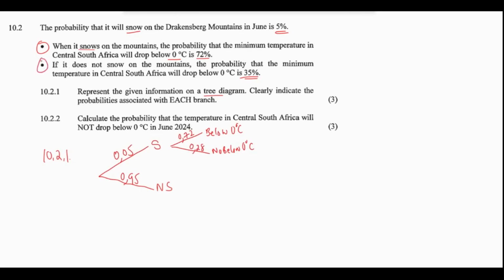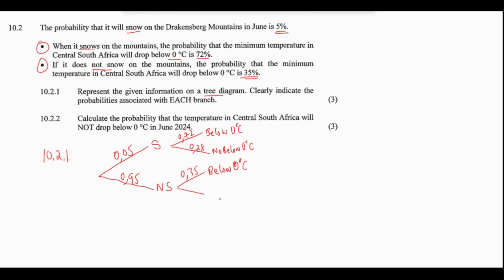And then at this point, if it does not snow on the mountains, the probability that the minimum temperature in central South Africa will drop below 0 degrees Celsius is 35%. If it does not snow, then the probability that the temperature is below 0 degrees Celsius is 0.35.